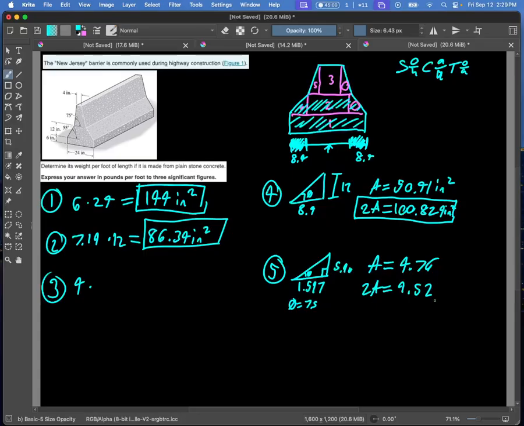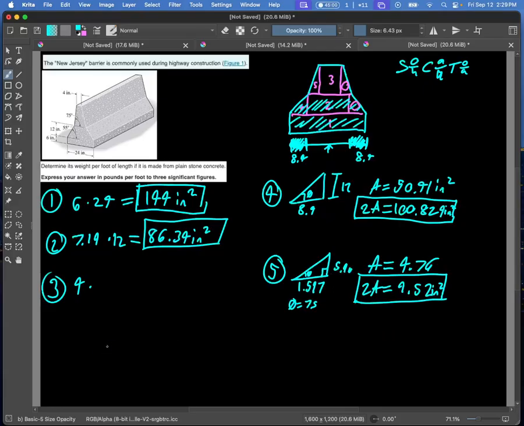Much less area than the other one up here. Much, much less. I won't look too deep into that.